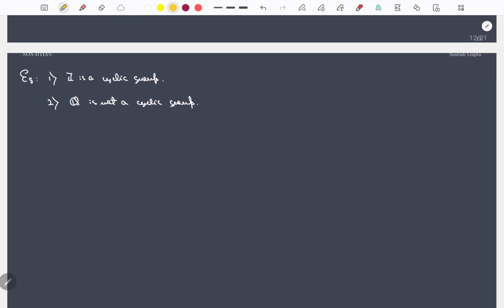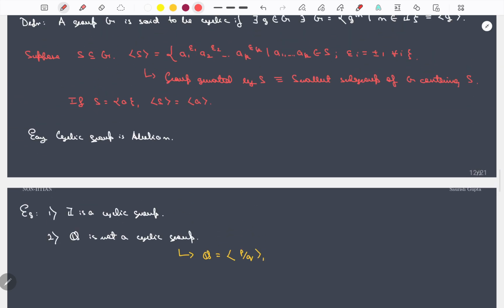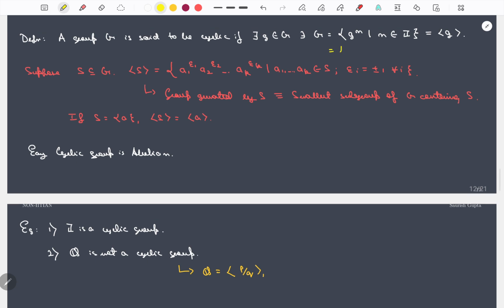And the very basic idea behind claiming this is the following fact: if Q is generated by some element p over q, for example, then n times p over q, because it's additive, so you should be familiar with the way we denote the additive structure as well. You could have written this as n times g for n in Z in the additive notation.